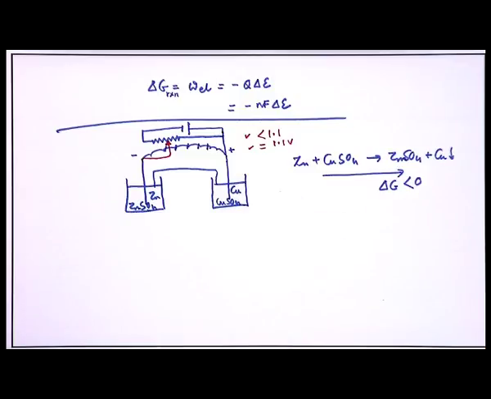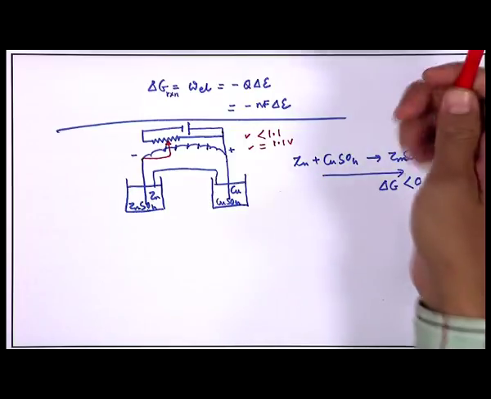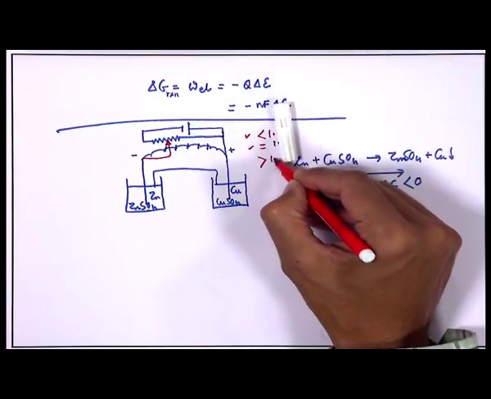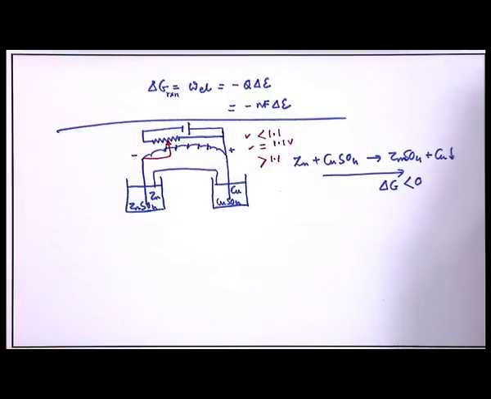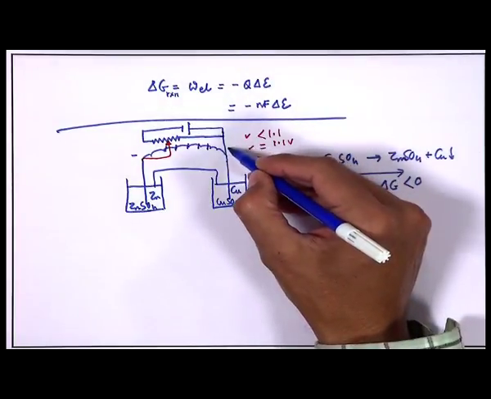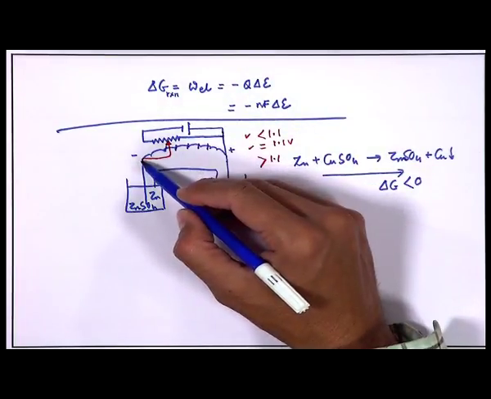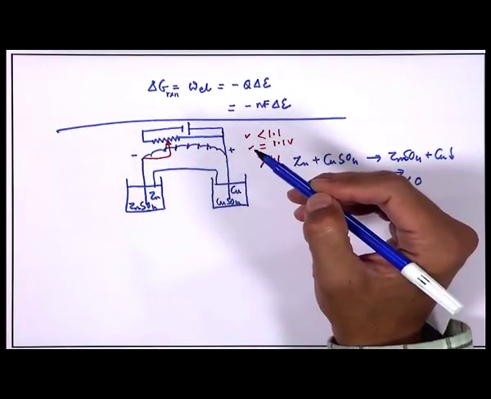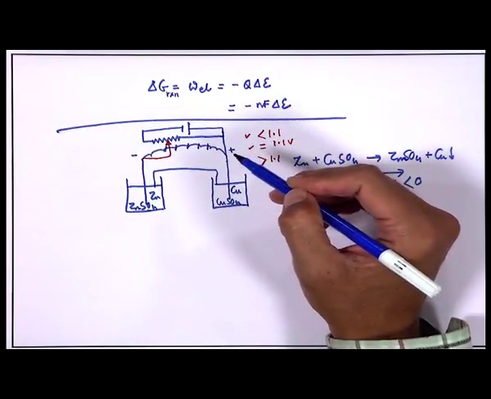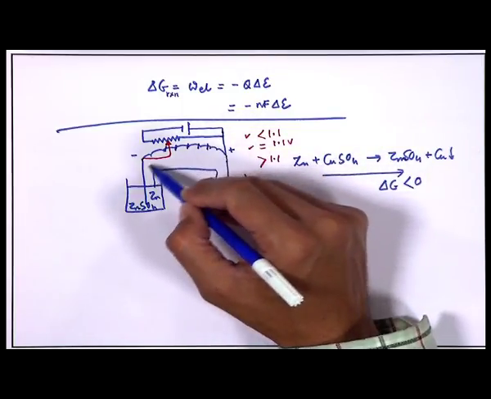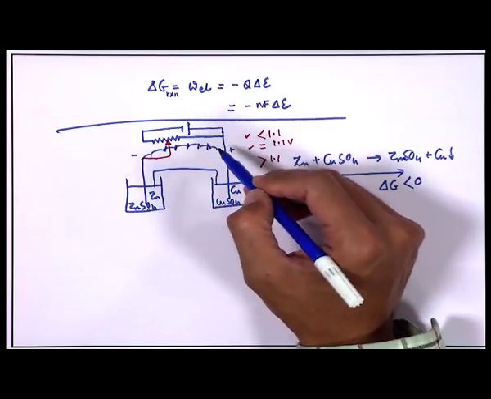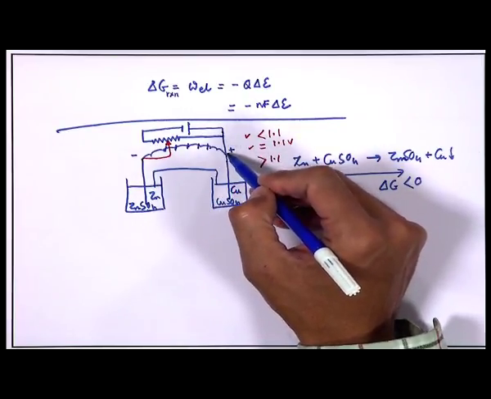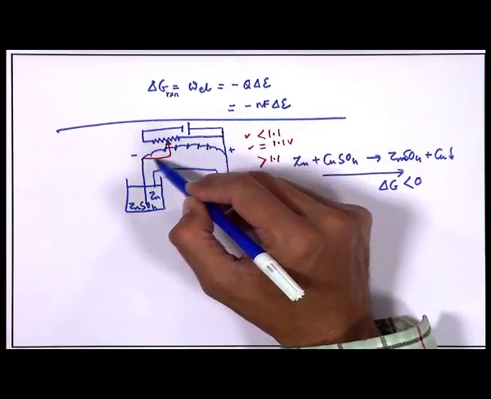But if your external potential difference is greater than 1.1 volt, that means you are now biasing this electrode with a negative potential and this electrode with a positive potential. Then electrons will flow in this direction and current will flow in the other direction, because originally, if this biasing was not there, current would have flowed from this to this, and electrons from here to here.